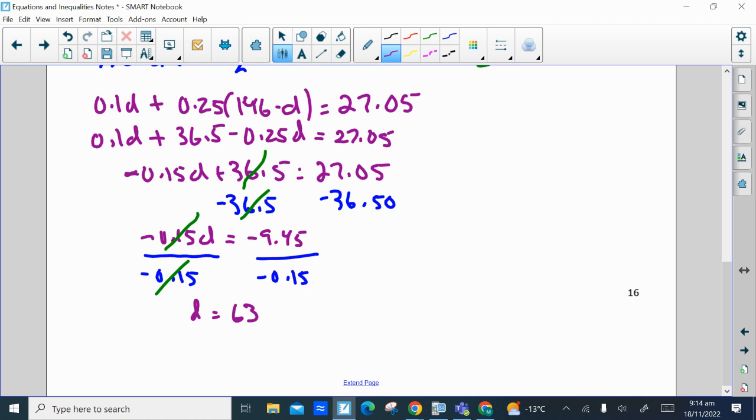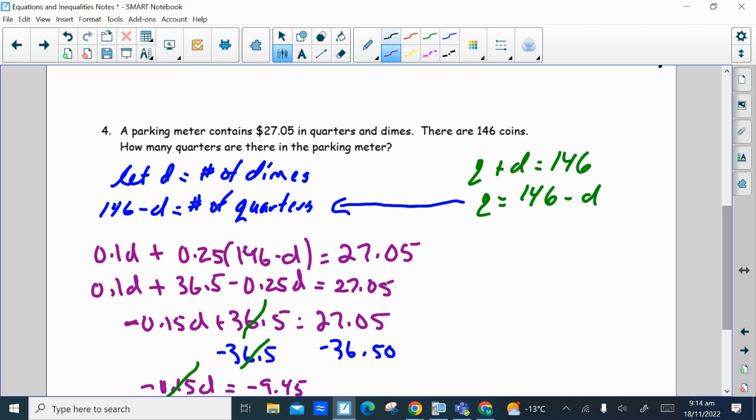So what have we found? Yes, the number of dimes is 63. So let's write this over here on the left. And how do we now find the number of quarters?